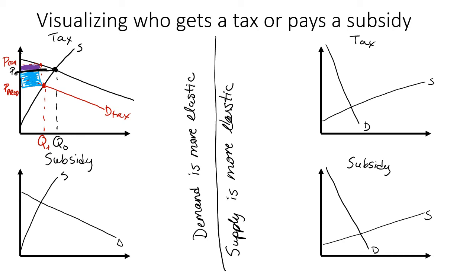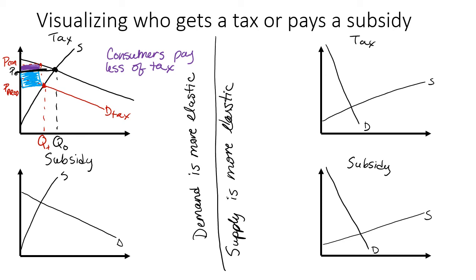So here we can see that that consumer box is very much smaller. So here it's a tax, excuse me. They pay less of our tax.